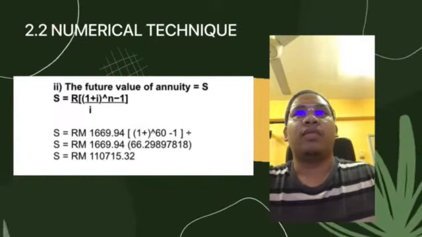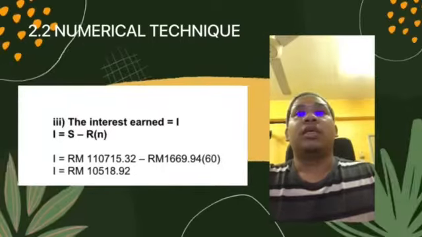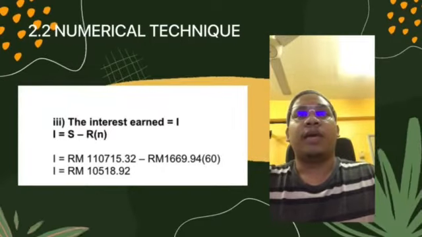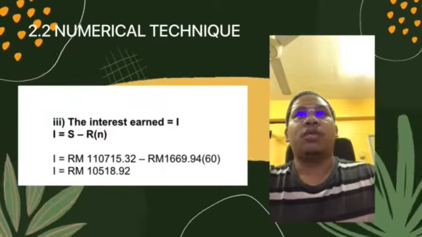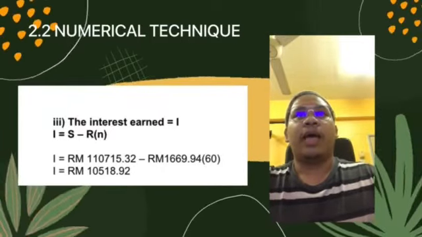The third one is finding the interest earned, with the formula I equals S minus Rn. So we get I equals 10,518.92. And then the fourth question is to settle the balance loan in full amount after the 55th payment.